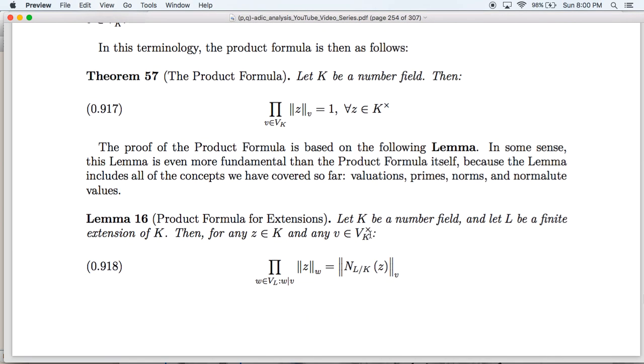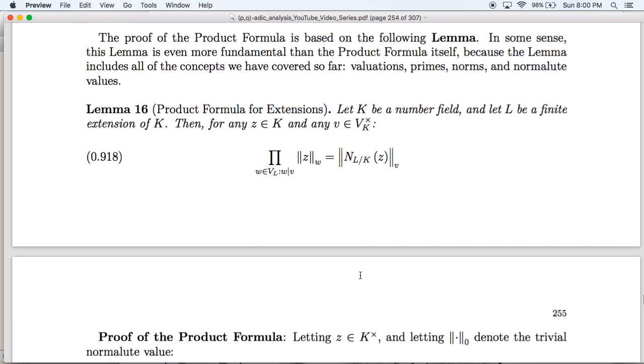Let K be a number field, and let L be a finite extension of K. Then, for any Z in K and any non-trivial place V, if we take the product of the w-adic normalute value of Z over all places W of L which lie over V, then that is going to be equal to the v-adic normalute absolute value of the field norm of Z from L over K.